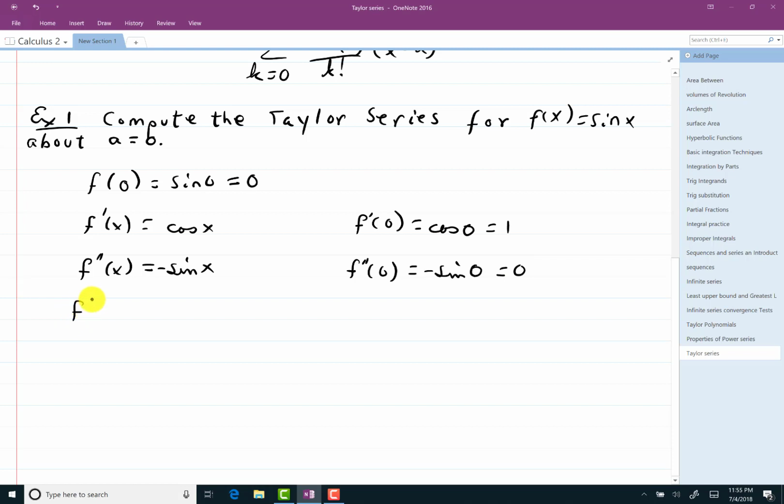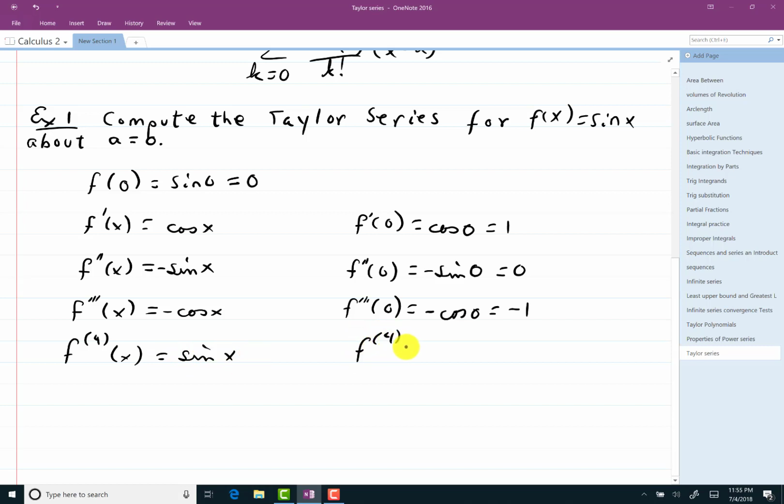And f triple prime of x equals negative cosine of x. And f triple prime of 0 equals negative cosine of 0, which is equal to negative 1. And then by the time I get to the fourth derivative, I am back to the original sine of x. So we can see how it's going to go here.